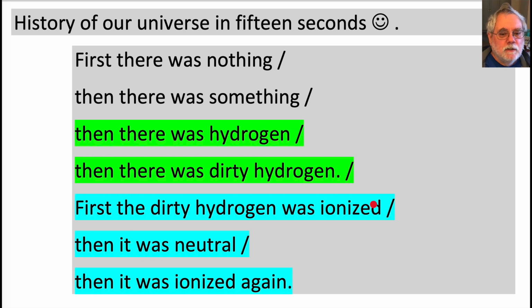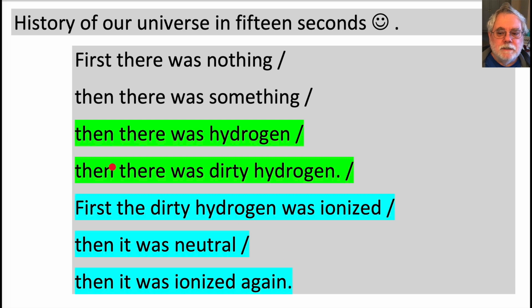First, the dirty hydrogen was ionized. Then it was neutral at recombination, photon decoupling, and last scattering. Then it was ionized again at reionization by the ultraviolet light from stars in early galaxies.